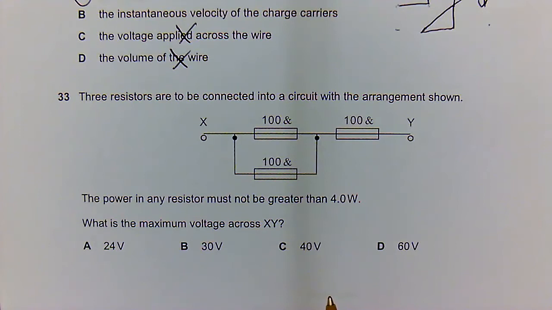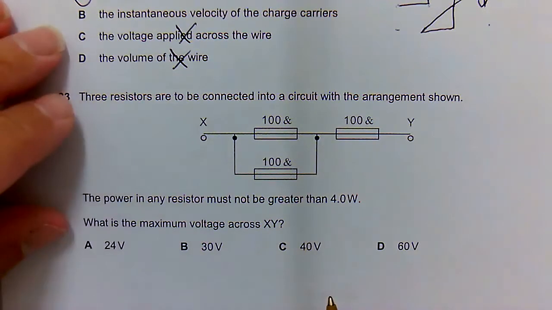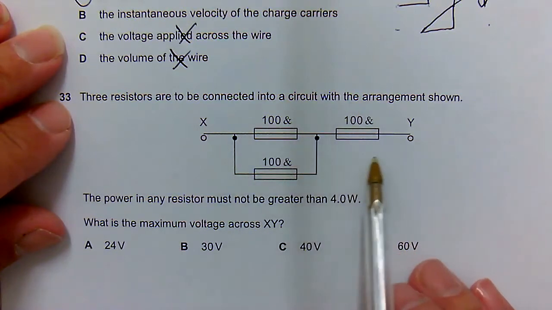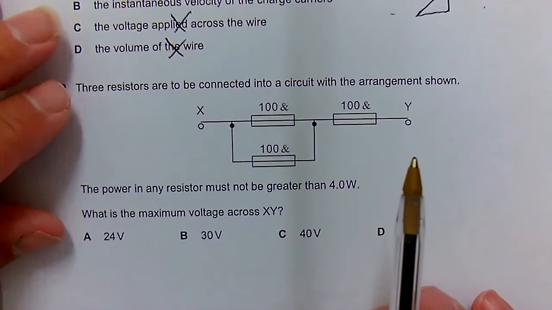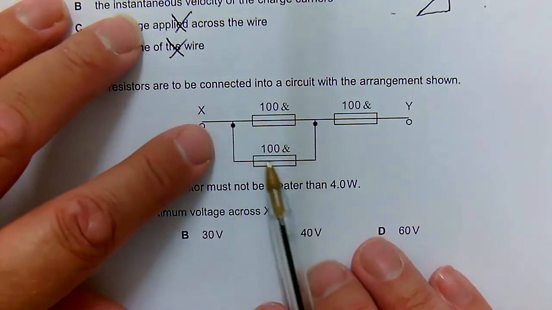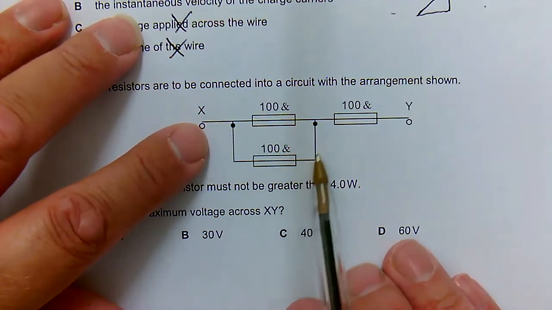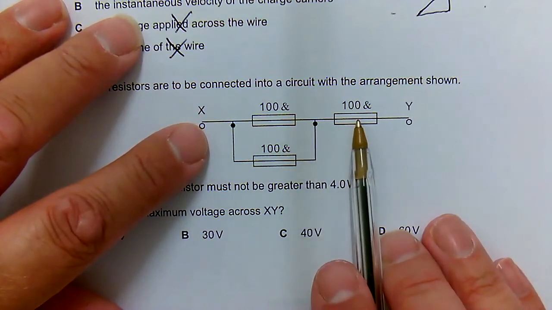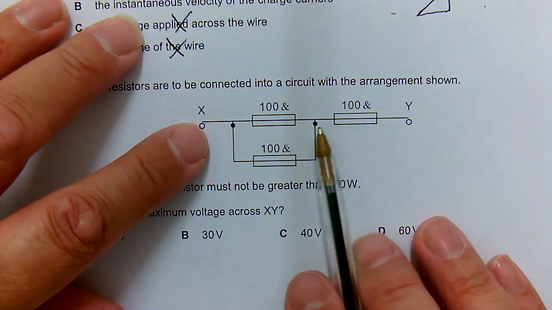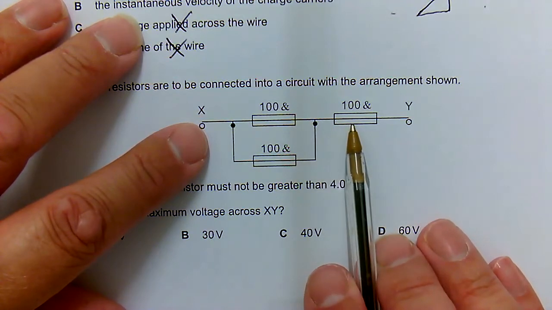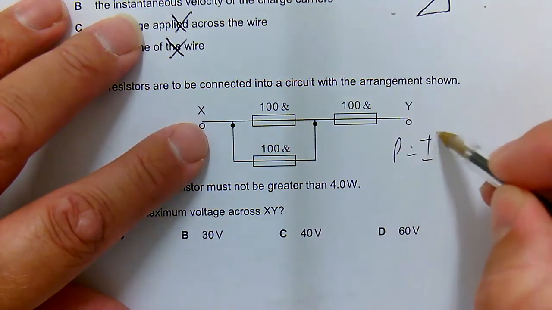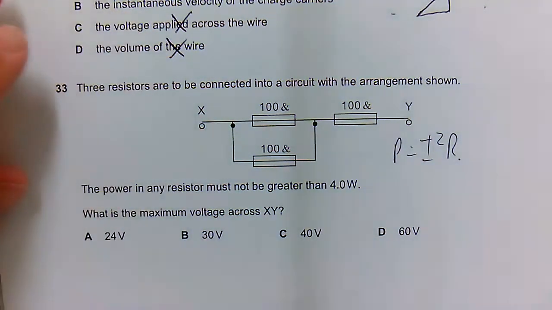So we've got to think about it carefully. We know the current through this arrangement will be the same as the current through this arrangement. If the current is being split here, then for the same current, you would have more power being dissipated by this resistor than by these two, because P is equal to I squared R, okay?